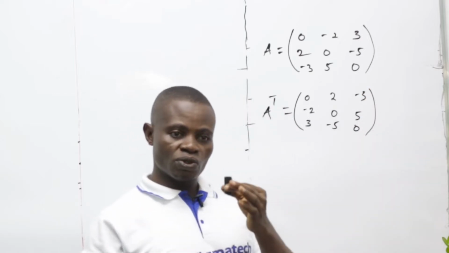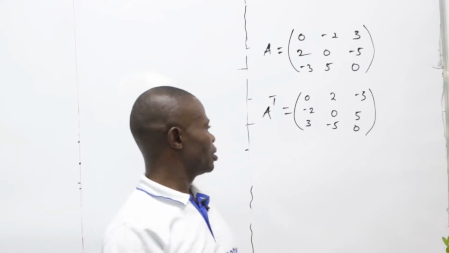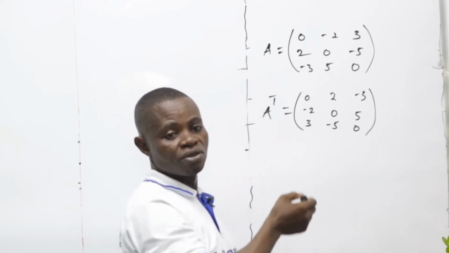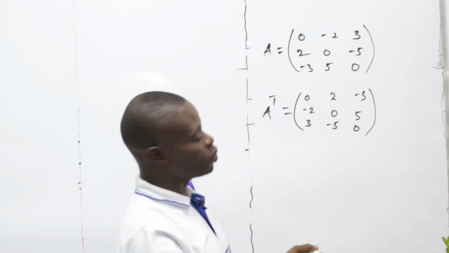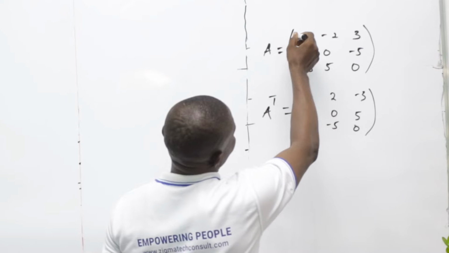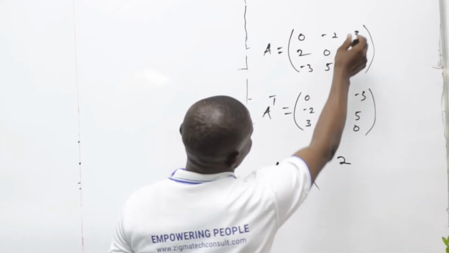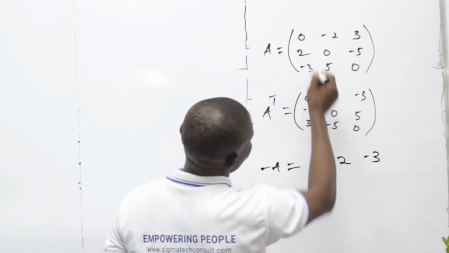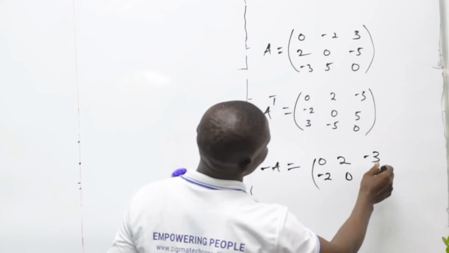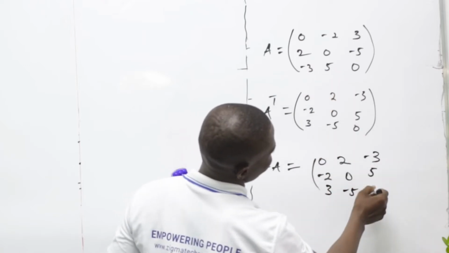Now, for a matrix to answer the name skew symmetric, the negative of the matrix given to you must equal its transpose. So minus A: minus times 0 is 0, minus minus is plus, so minus A gives minus 2, 0, minus times minus is plus, which is 5, minus times minus is plus, minus, minus, 0.